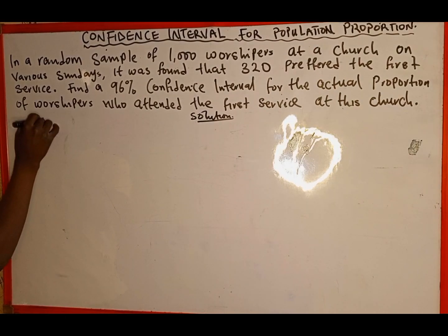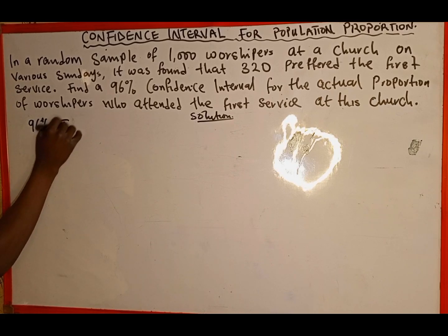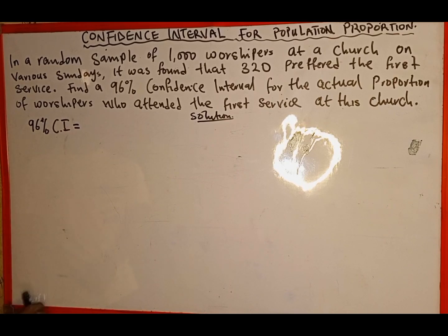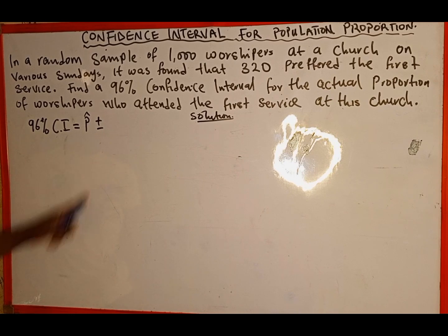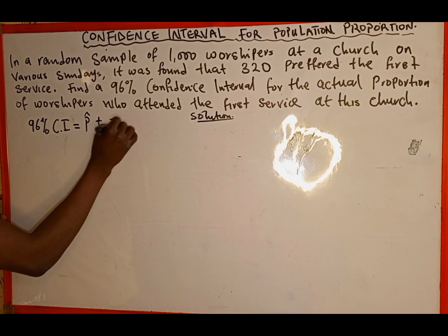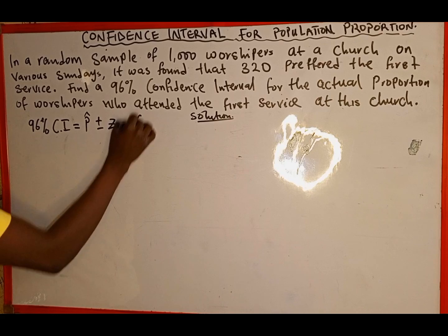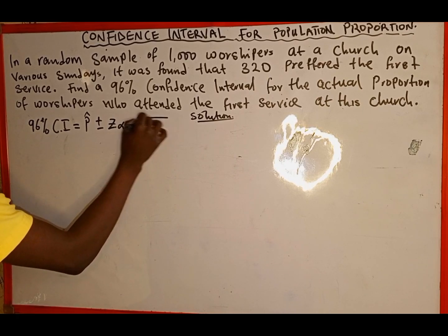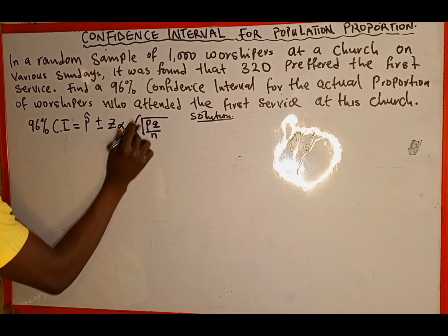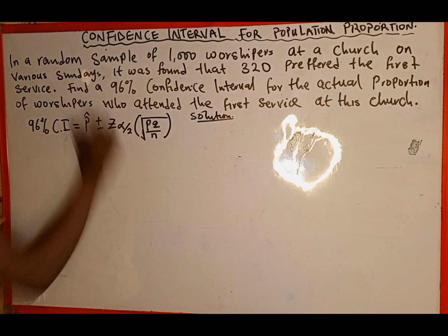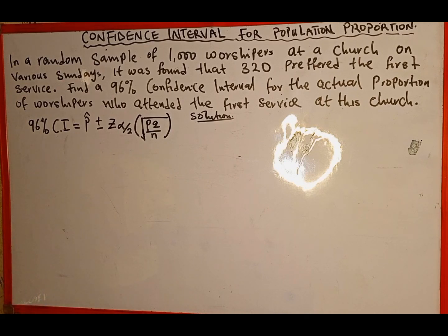So the 96% confidence interval, which can be represented as CI, is equal to P cap, which is P calculated, plus or minus Z alpha over 2, multiplied by the square root of PQ over N, with the square root covering everything over N. Then you close the bracket. So this is the formula used to calculate the 96% confidence interval for population proportion.